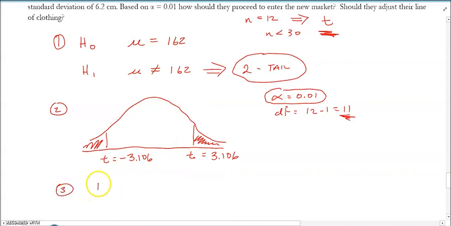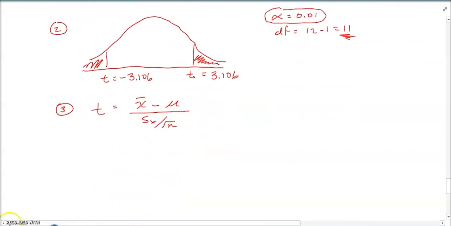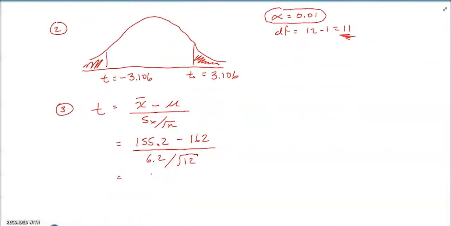Third, we're going to do the t-score, which is the sample mean minus the population mean, all over the standard deviation divided by square root of sample size. And that gives us 155.2 minus 162, all divided by the standard deviation of 6.2 divided by square root of 12.